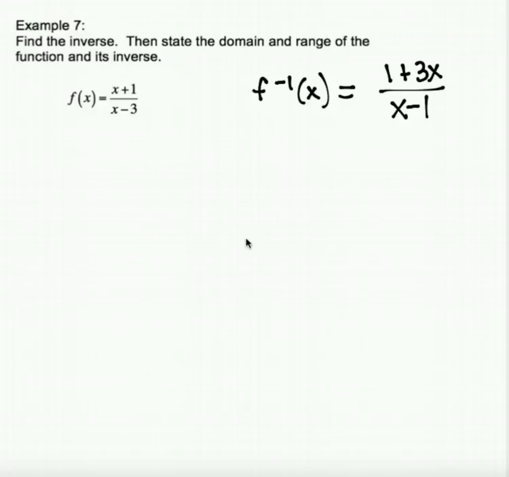I had made a little room. So now I have my original function is f of x equals (x plus 1) divided by (x minus 3). My inverse, f inverse of x, is equal to (1 plus 3x) divided by (x minus 1). So again, I need to find the domain of my original and the range of my original.